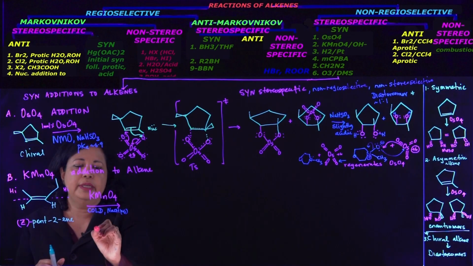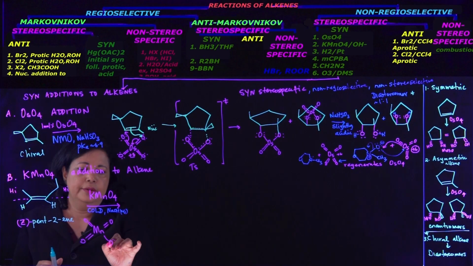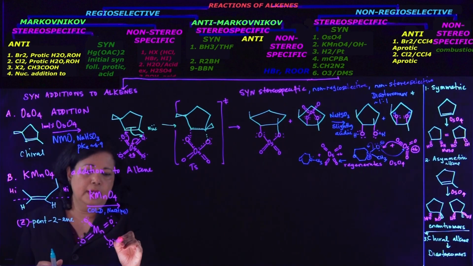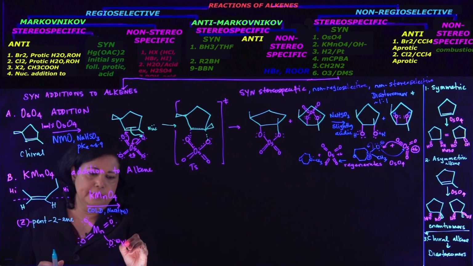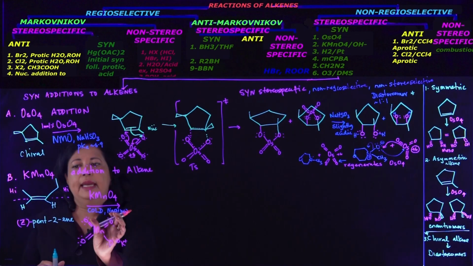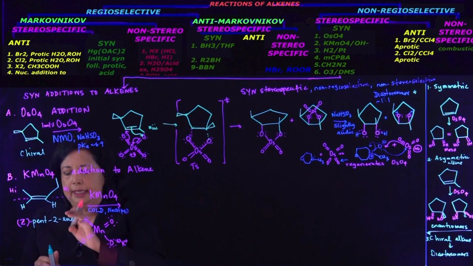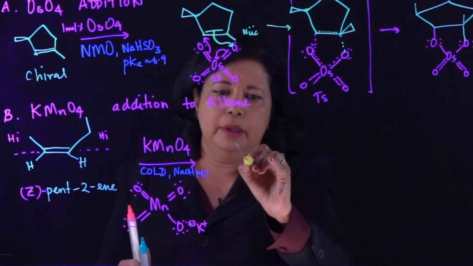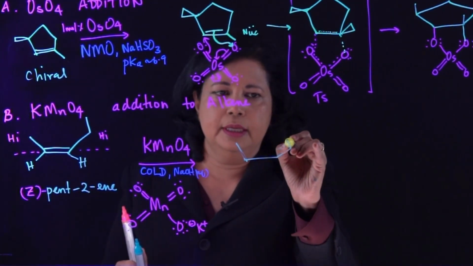KMnO4 looks very similar to what you've seen a minute ago. It is the same tetra oxygen, and you have a minus charge, which is why you need that potassium. KMnO4 again is going to hug on to this alkene and do the monkey bar again. So let's do it.